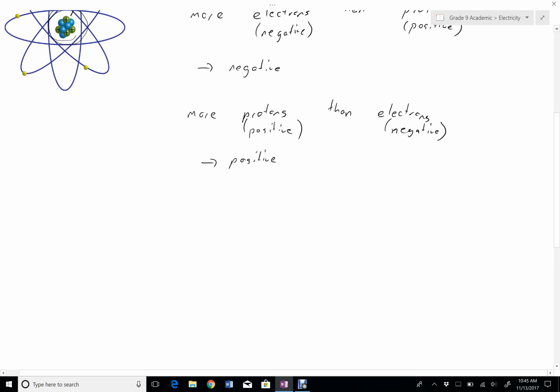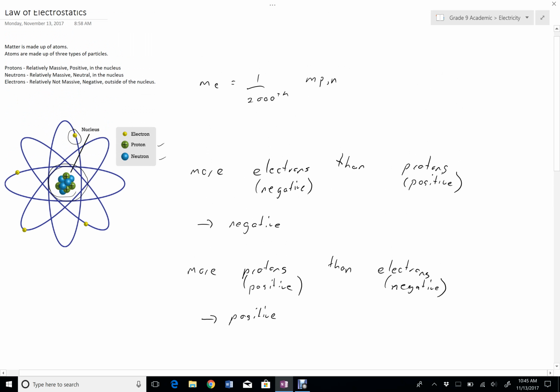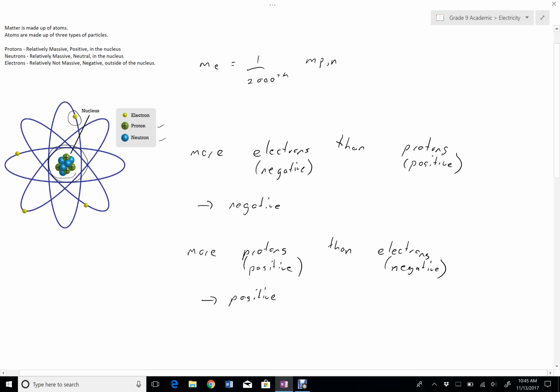If we think about the protons, neutrons, and electrons, we have, again, protons and neutrons in the middle and the electrons on the outside. Two factors come together to make it so that electrons are what is exchanged, lost, or gained by materials. First of all, they're not really massive. Since they're light, that means they're a little bit easier to take or give to an atom. Secondly, they're outside the nucleus.